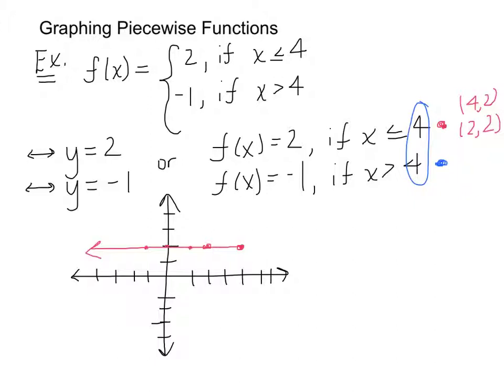My second graph, these are all x values greater than 4. I'm going to start with 4 again, but I'm not going to include it. And the reason why I do that, because if you start at 5, you're going to miss all the numbers on the number line between 4 and 5, that region right there. So I'm going to start at 4, I'm just not going to put a closed circle. In this particular equation, all of my y values are -1.